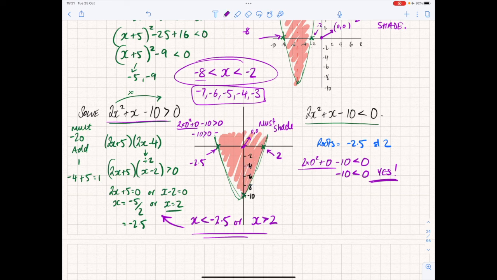And my answer would then be represented as minus 2.5 is less than x, which is less than 2. And that would be my answer for solving that second example there. So you can see the real clear difference between where we shade based on what the inequality represents.